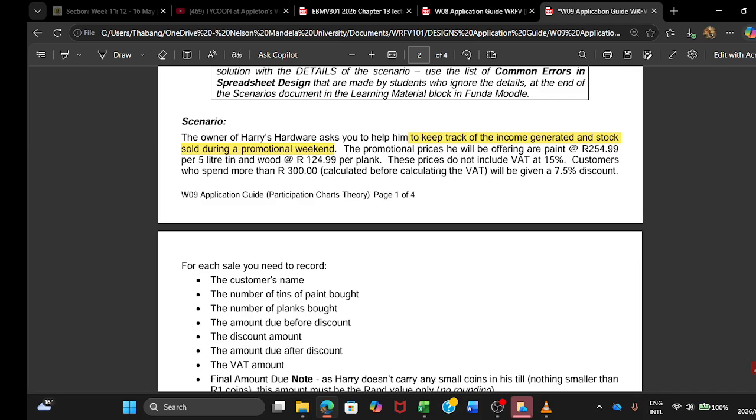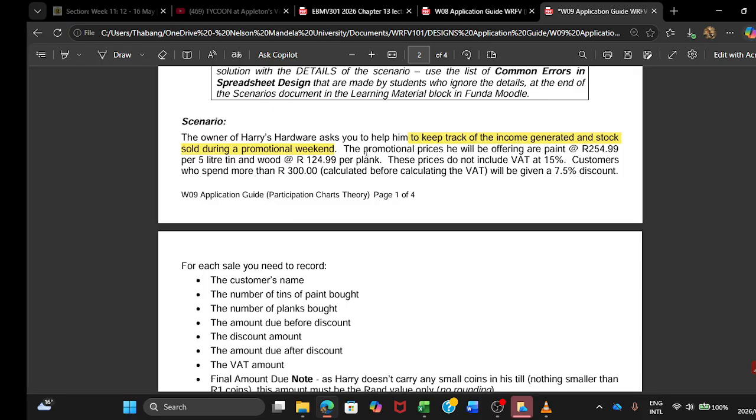So for the promotional prices, he will be offering paint, which costs 249.99 per 5 liter tin, and wood that costs 125.99 per plank. These prices do not include VAT, and a customer who spends more than 300 will be given a 7.5% discount.